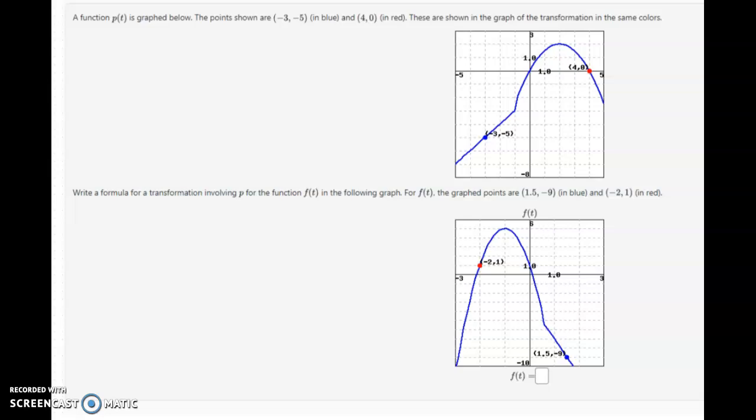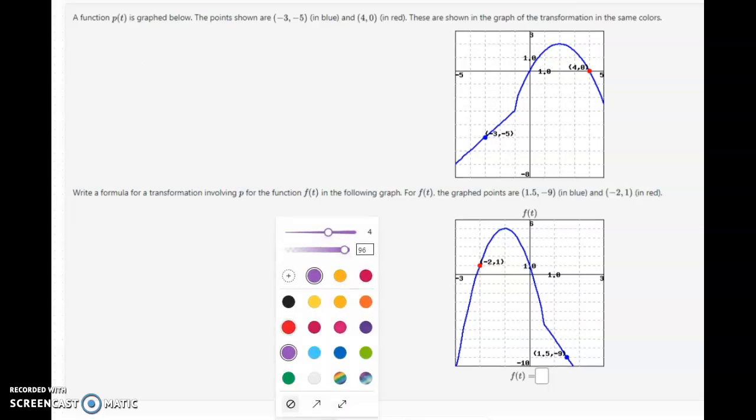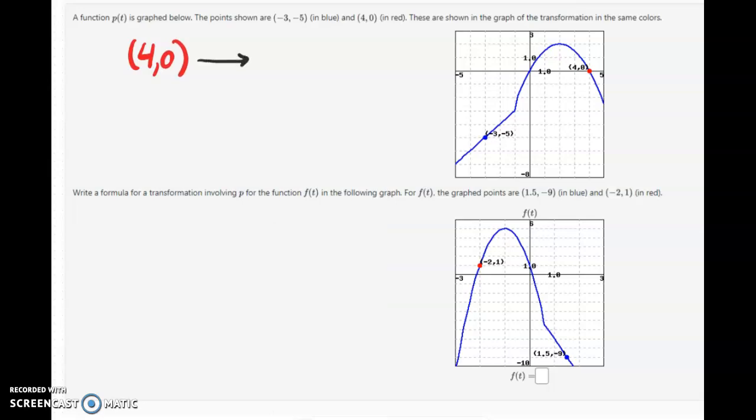It says we've got p of t graphed below, so this blue line here. And then we have the points. The one in red is (4, 0), and that gets transformed to (-2, 1).